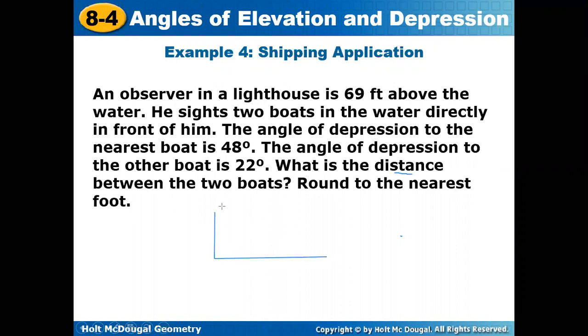Consider that here is the observer in this place, and we have here two boats, the first boat and second boat. So we will draw like this. This is the first and this is the second.